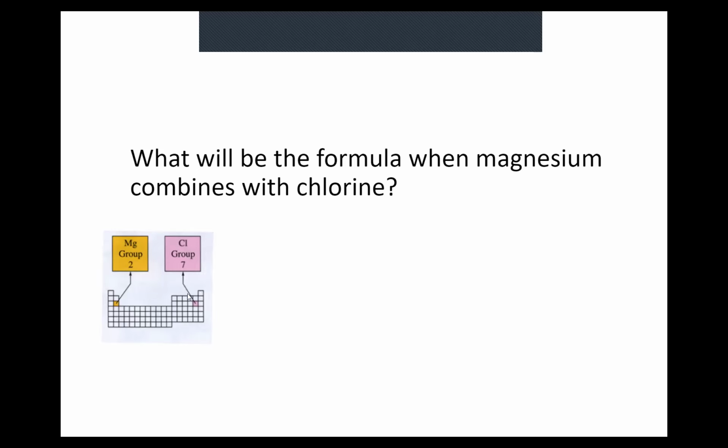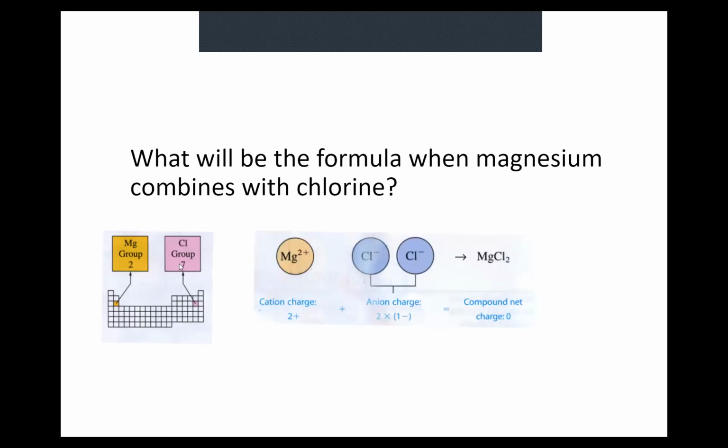Chlorine, column 17, takes a -1 charge. So if we think about that, we've got to make the compound neutral overall. One atom that's double positive would take 2 atoms that are each single negative in order to make it neutral. Hence the formula Mg implied subscript 1 Cl2, or most often that's written MgCl2.